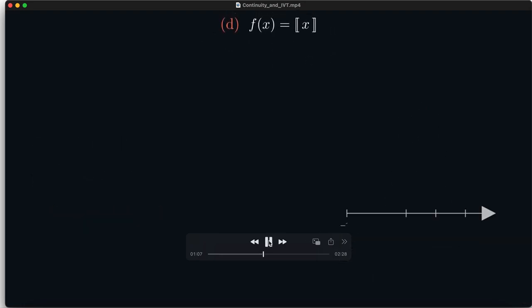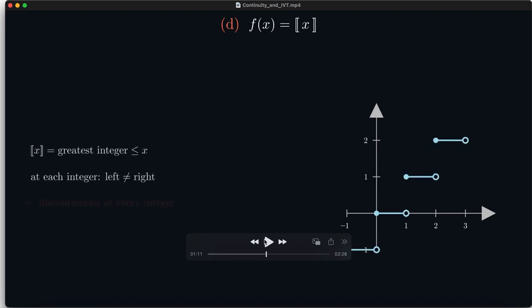And then the last example, part D, you might remember this as the greatest integer function. This double bracket means that the output is the greatest integer that is less than or equal to x. So for example, what is the greatest integer less than or equal to 1.5? Look at my mouse.